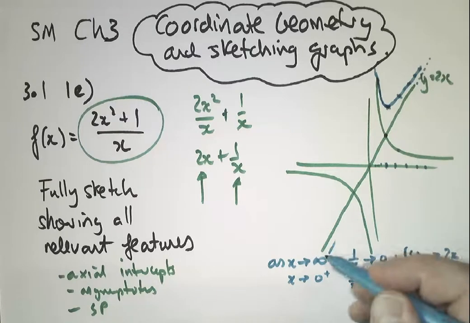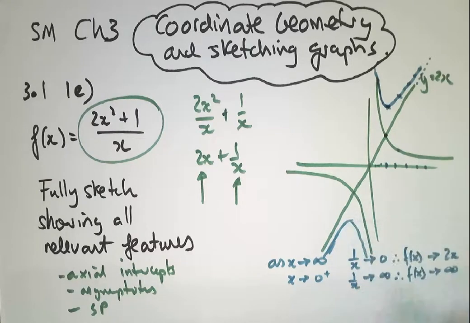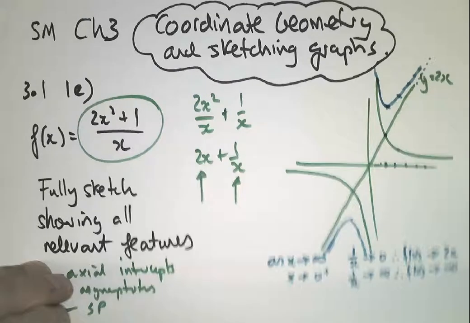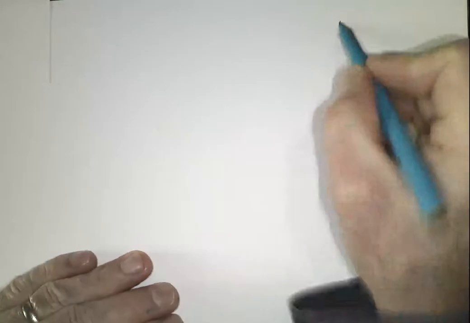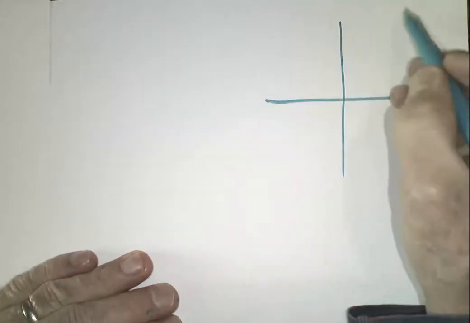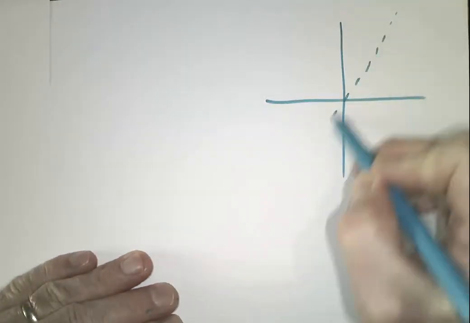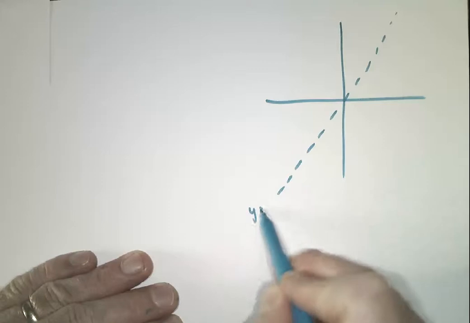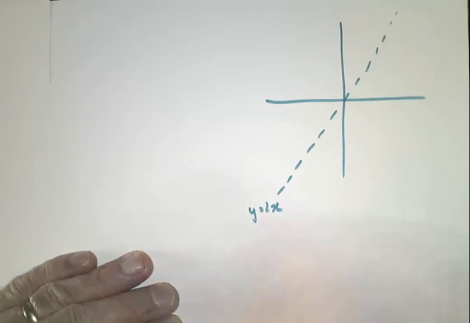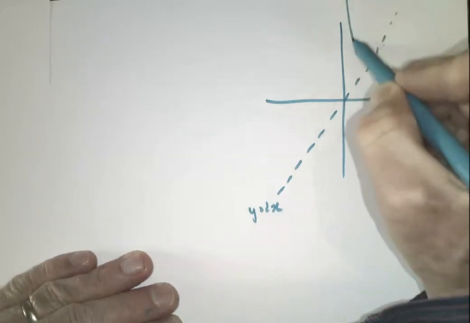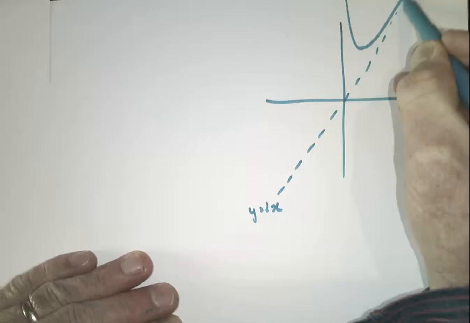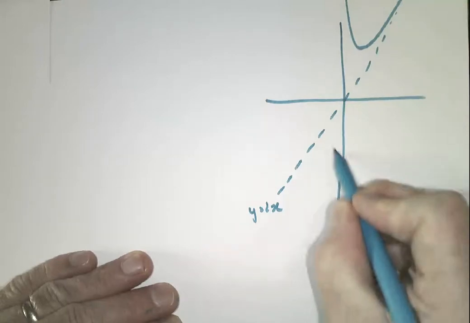And we'll also have a similar pattern happening down below for the negative values of x. Okay, so what might that look like? I'm going to put in this asymptote, which is the asymptote of y equals 2x. And I'm going to have a curve that is looking like this and looking like that.